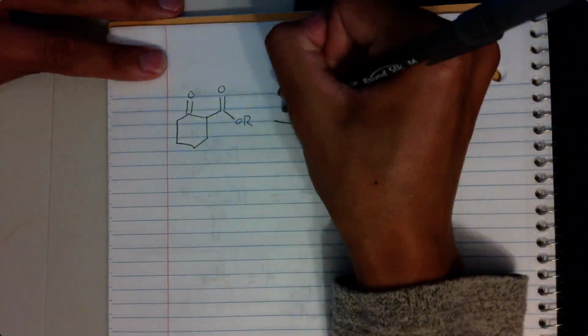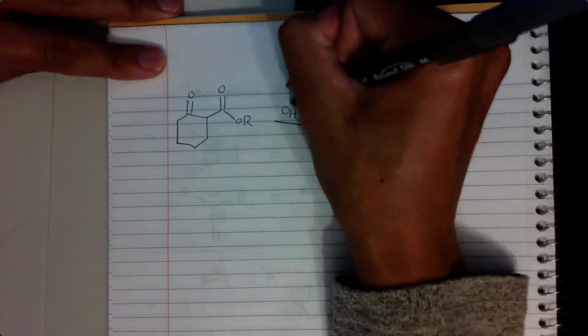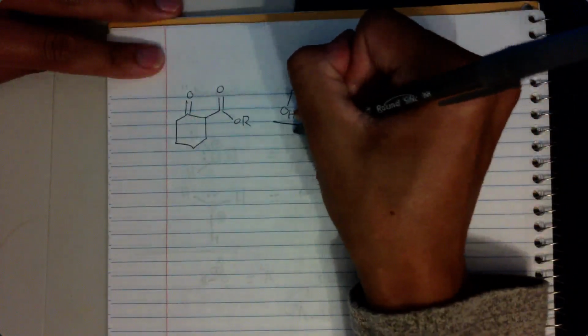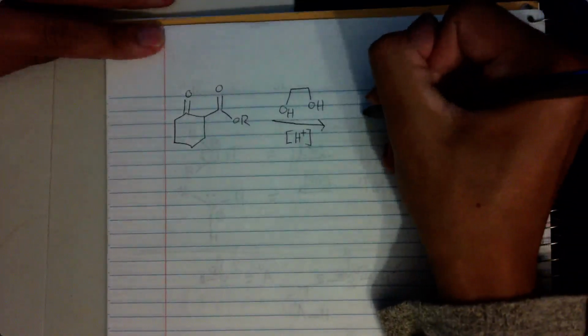Let's say that I have my starting molecule, which is this. And I'm going to put a hat on him. So I'm going to react him with this 1,2-ethane diol, and that of course is in an acidic environment.